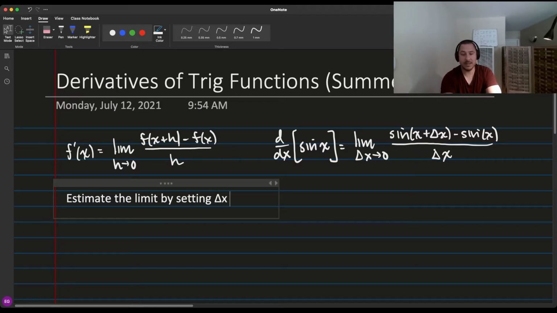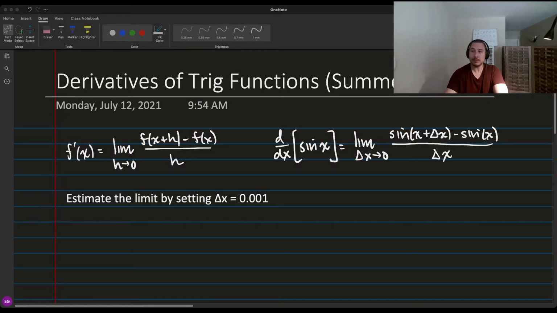By setting delta x equal to something close to 0. Someone choose a number close to 0 that we can plug in for delta x. How small should we go? Give me a value close to 0. .001, awesome.